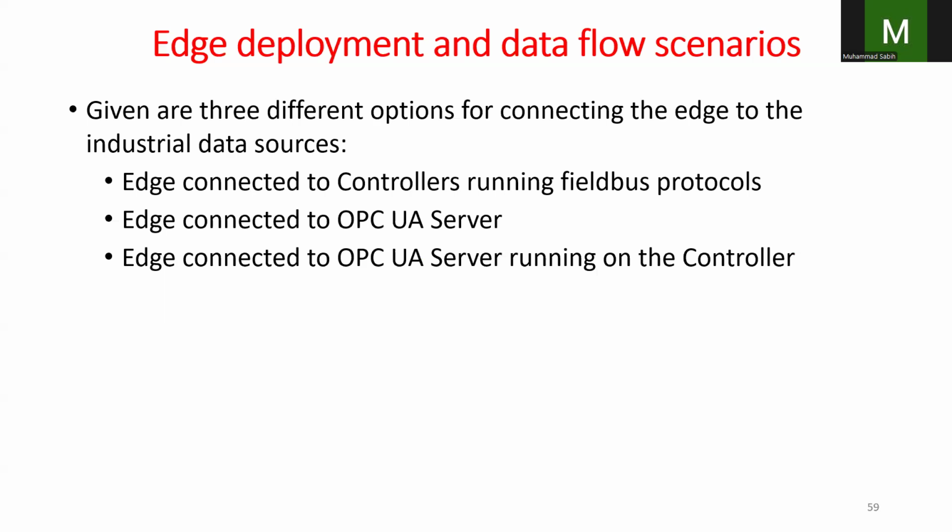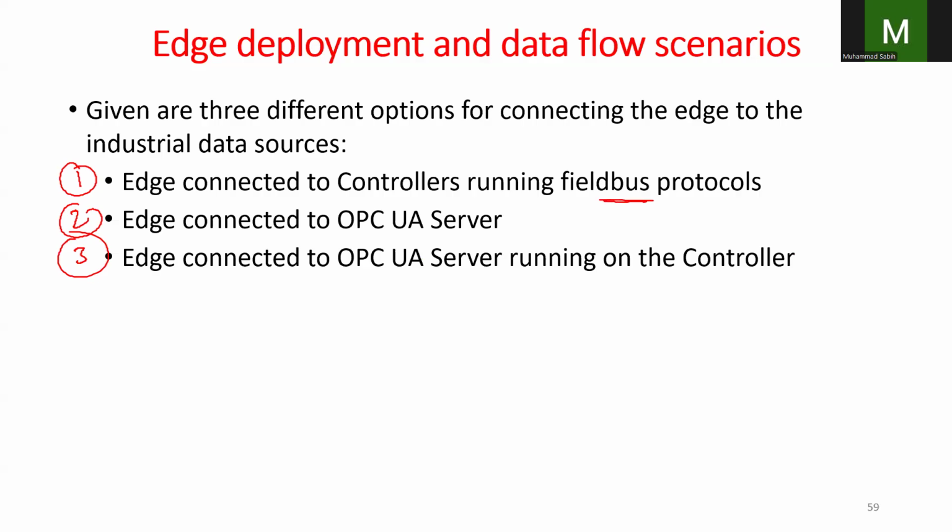This slide brings us three common methods for connecting edge devices in industrial sources. In the first case, the edge is connected to the field bus protocol.